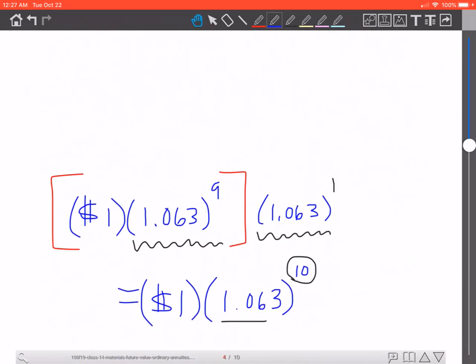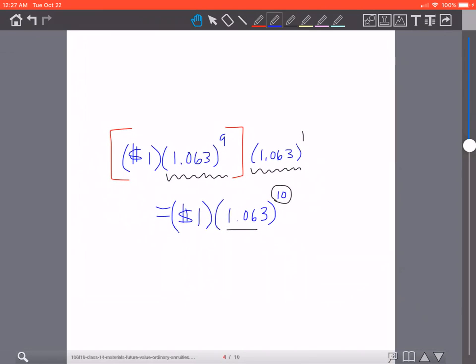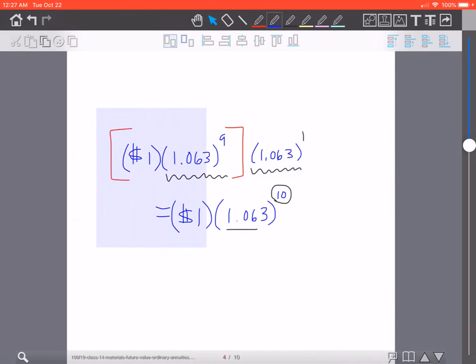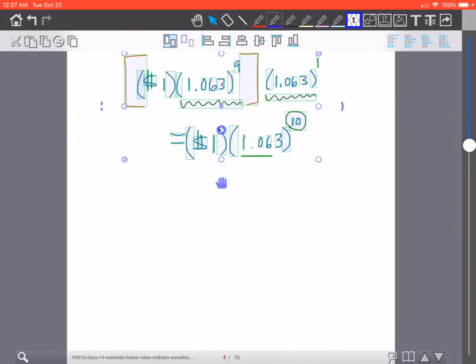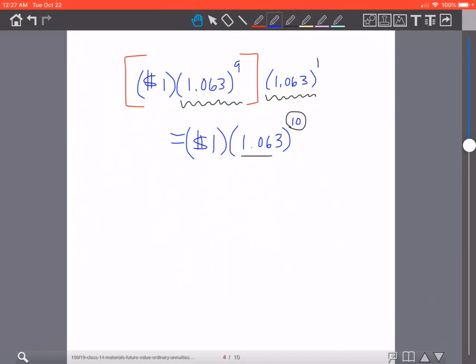Let me just zoom out for a second and move this stuff out of the way. I just want to move it up on this page because I want to give myself some space, to write out what we did with the formula.